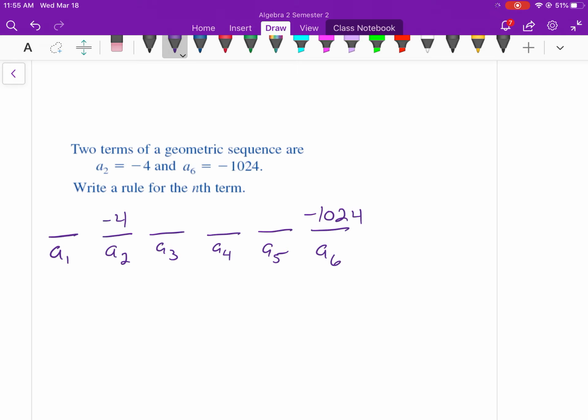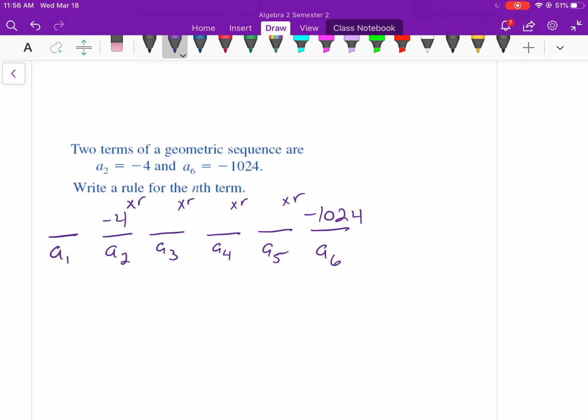We have all those three missing terms in there. But we do know we'd have to multiply by that common ratio 4 times to get to that -1024. Or you can think, if I'm going from second term to sixth term, 6 minus 2 is 4, so I will have to multiply 4 times.